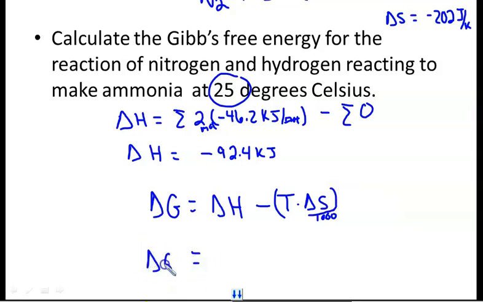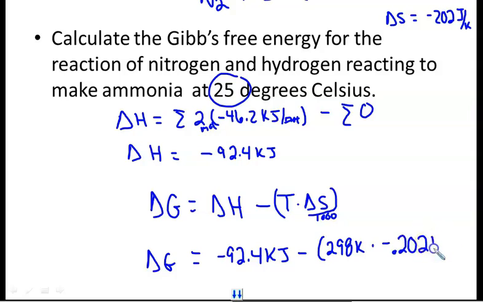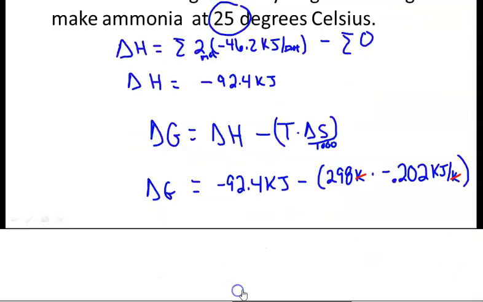So delta G, this guy is a negative 92.4 kilojoules minus, that needs to be in Kelvin, so 25 plus 273 is 298 Kelvin, and this was negative, but it's going to be 0.202 to change it to kilojoules. Can you see the kelvins are going to cancel here? And technically the moles have canceled a while ago.